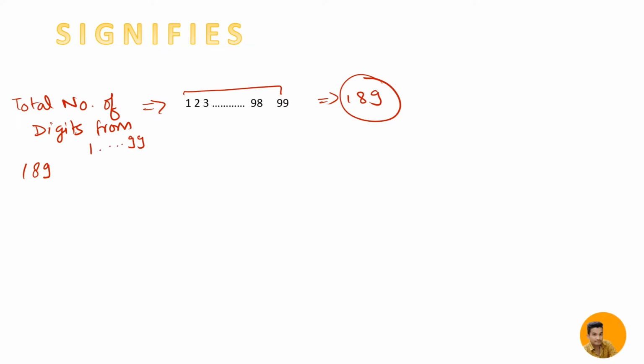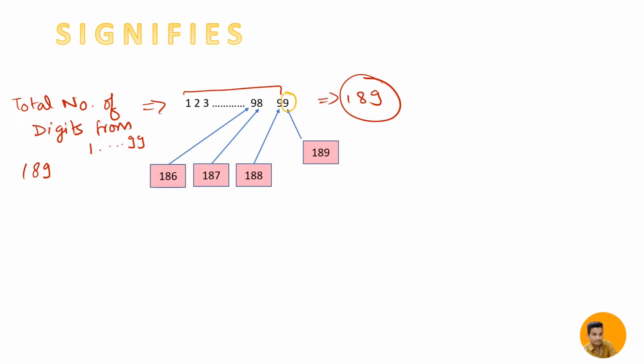That means the last 9 would be the 189th digit, this would be 188, this would be 187 and this would be 186.